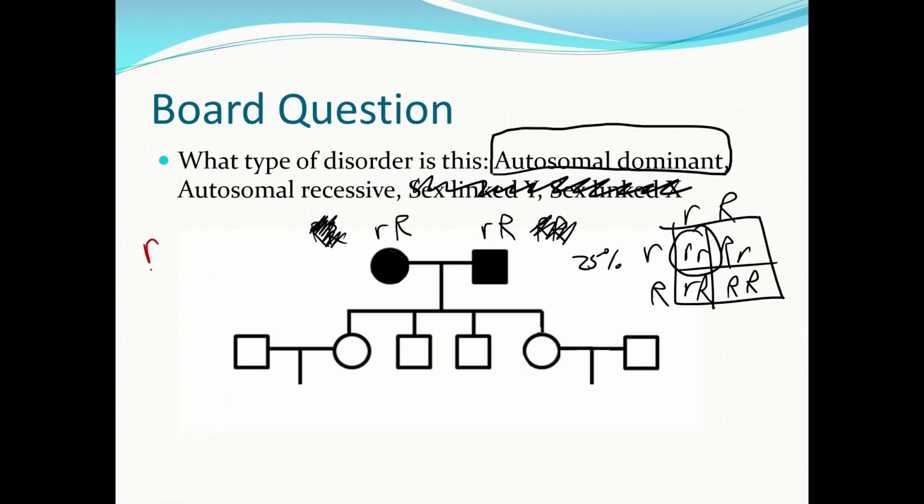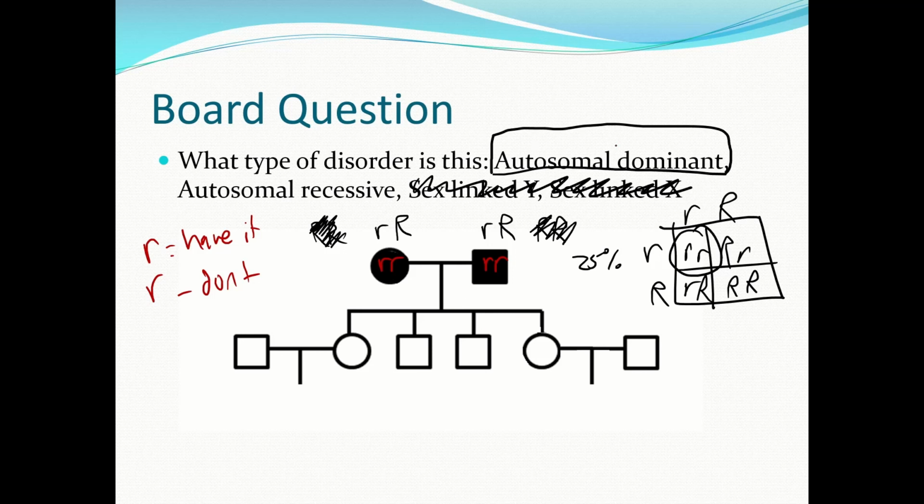So for recessive, this means you have it, and this means you don't. So to have it, you have to be like this, right? That's the only way. But that means that every single kid would have it, which is crazy, right?